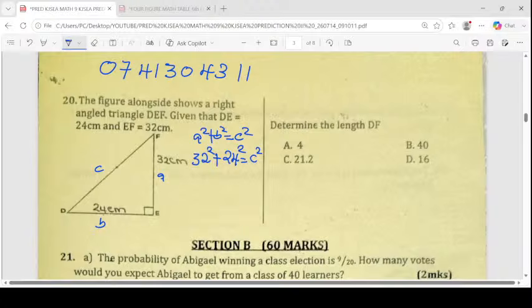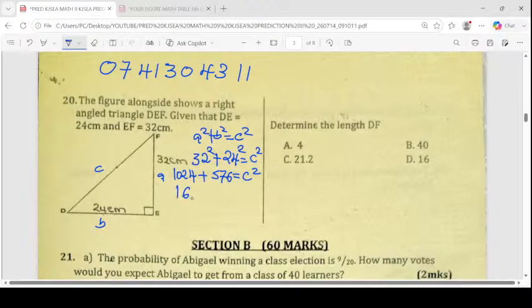When you take 32 squared, that is like saying 1024, plus 24 squared, which is 576. This should be equivalent to c squared. So 576 plus 1,024, you get 1,600.